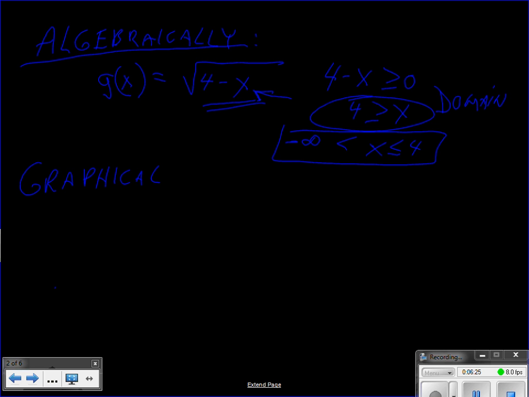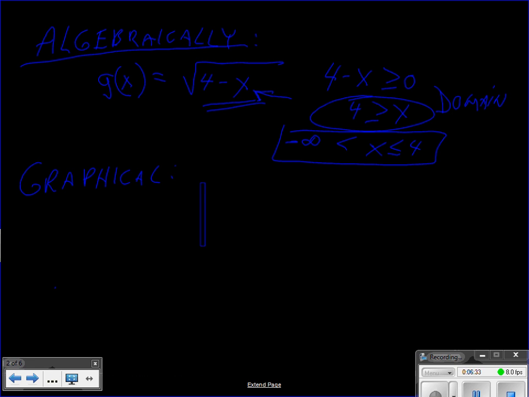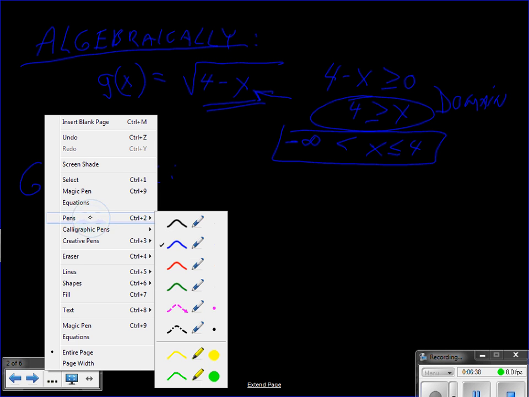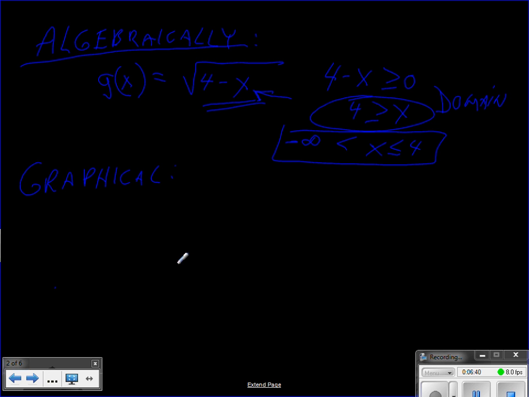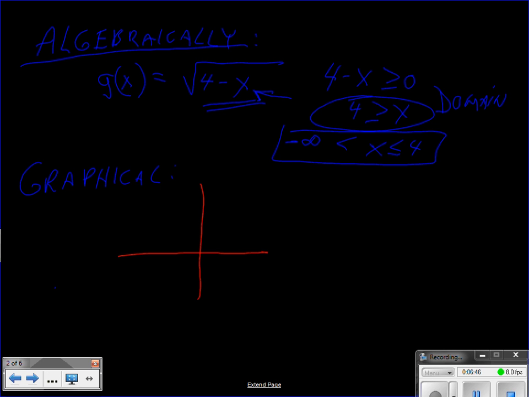A graphical representation. And in the case of a graph, we might give you a graph. In this particular function here, we know x is less than 4. So we're going to go 4 here.